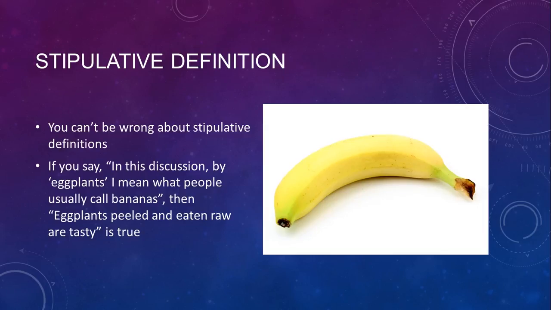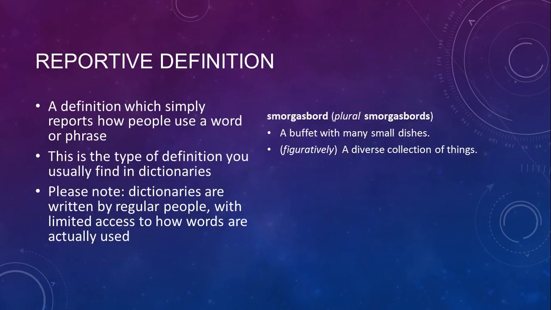That's a bizarre and annoying way of speaking, but it's not strictly incorrect, because you've given a stipulative definition: in this context, by this word, I mean this. It's very useful in law and philosophy, in places where you're building a technical jargon that you want to separate from natural language. So those are stipulative definitions.